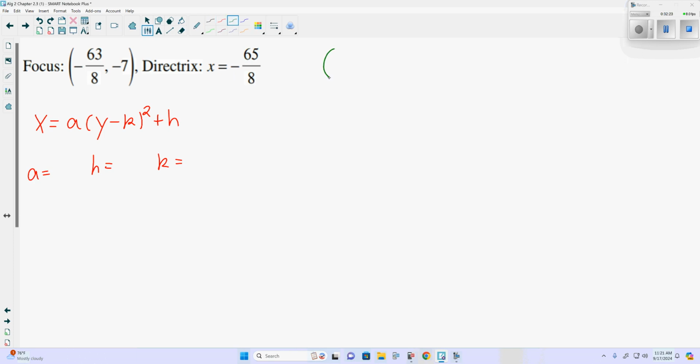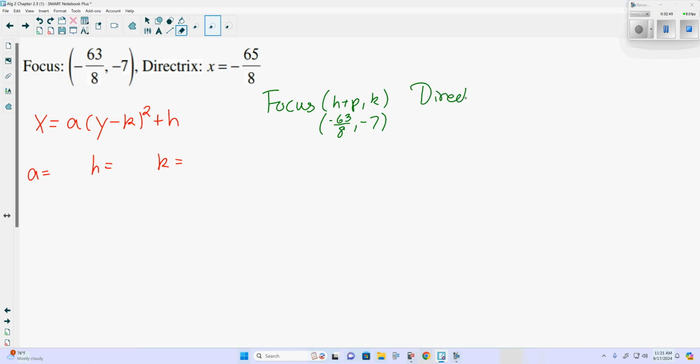Now, because of the general form, focus x equals our h plus p, comma, k. For us, we have negative 63/8, comma, negative 7. Directrix.